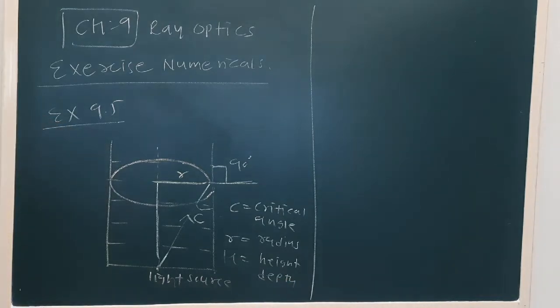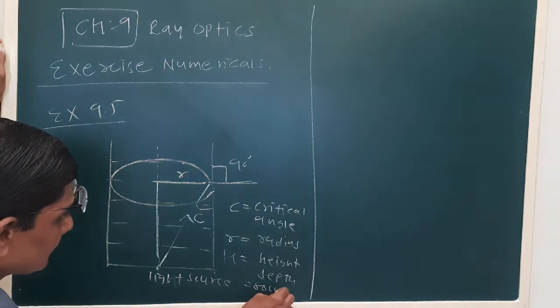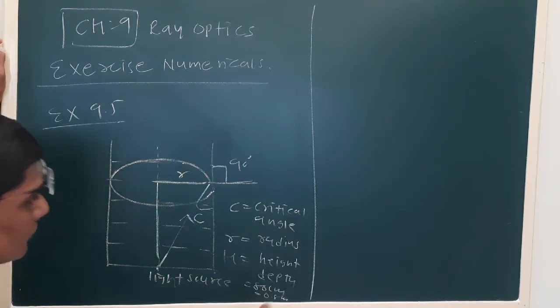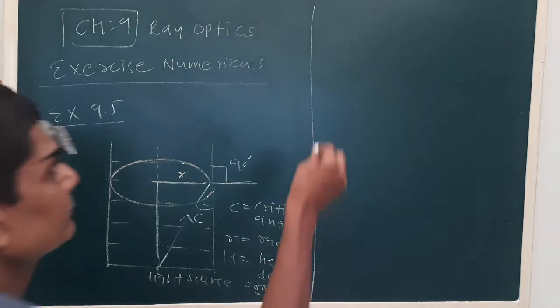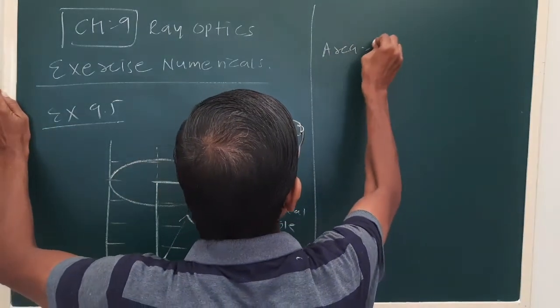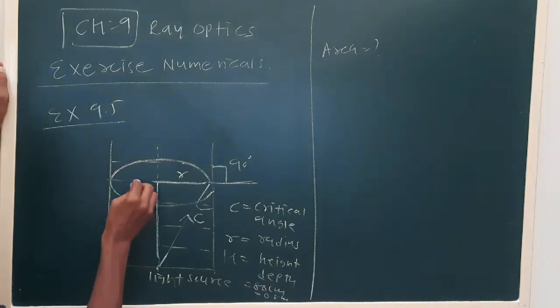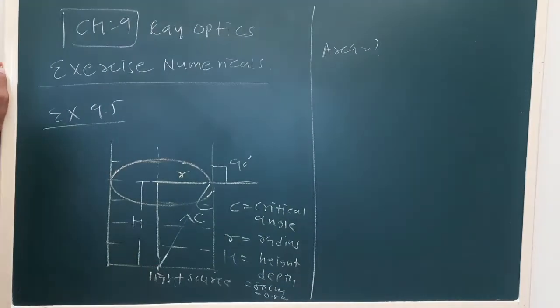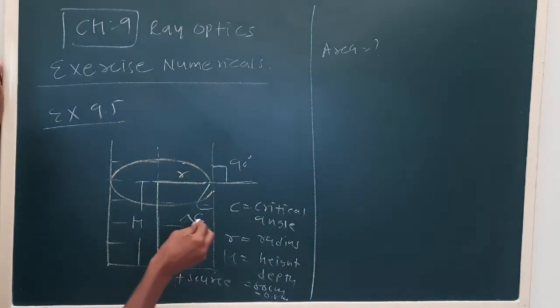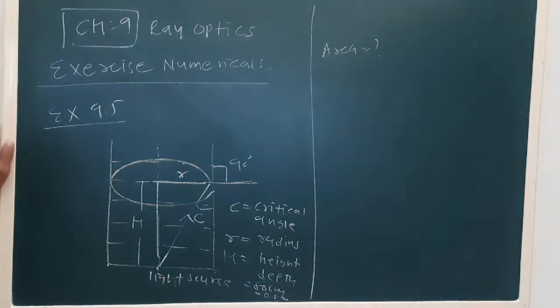The refractive index, here the water is filled in. The height is given as 80 centimeter, and we have to calculate the area. Now let us say this is our h. If this angle is C, this also will become C.